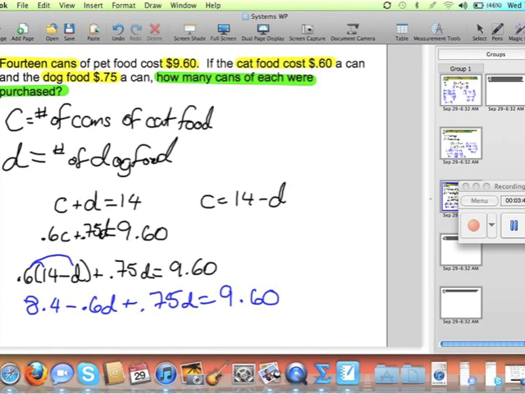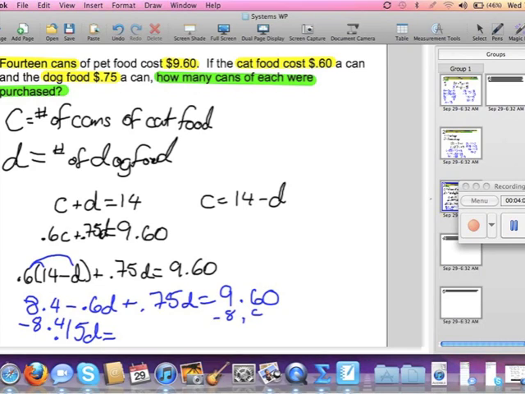I now need to combine like terms. 0.75D minus 0.6D gives me 0.15D, and that's equal to, if I subtract my 8.4 from both sides, 1.2.